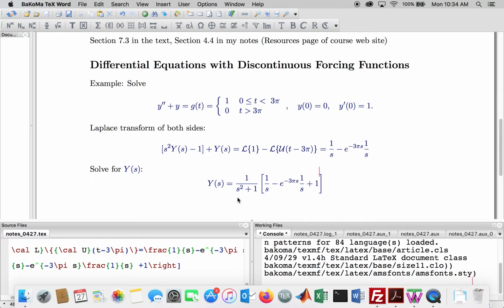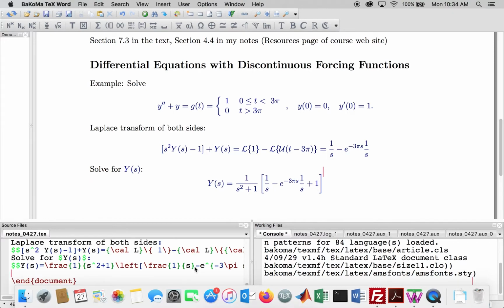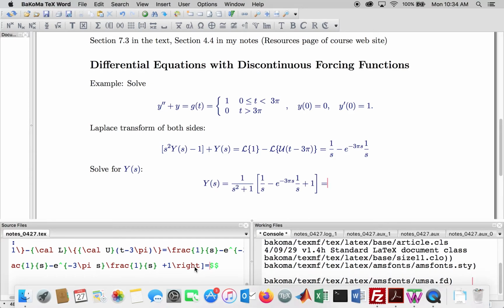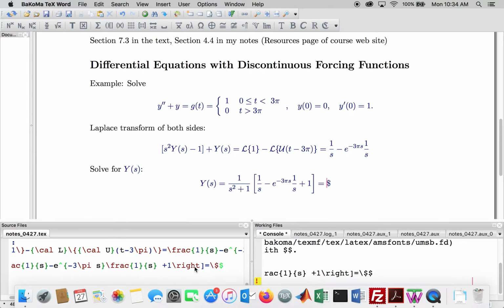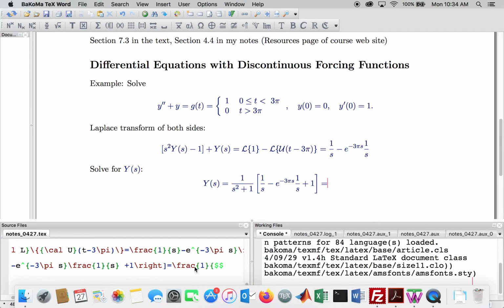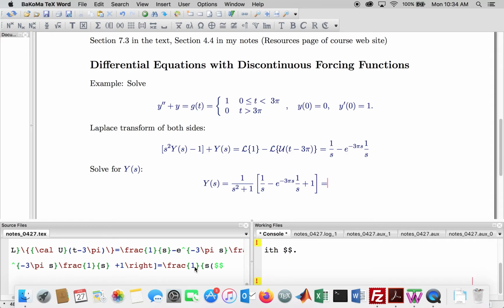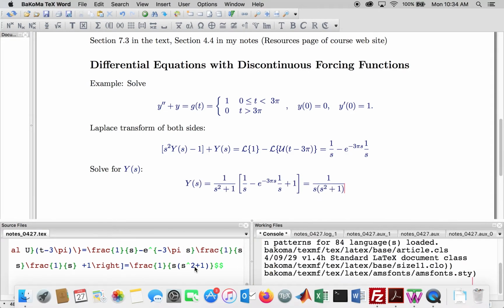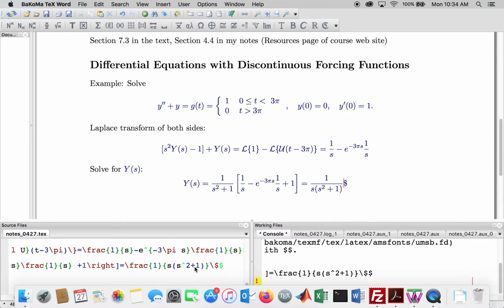Okay, so now if I distribute that 1 over s squared plus 1 through, then I'm going to have 1 over s squared plus 1 times everything.